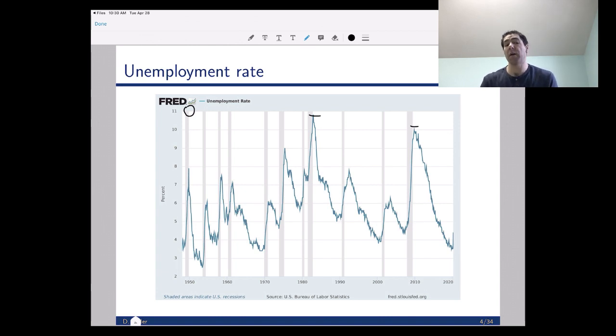Something that's very important, particularly for us: as I've gone through the semesters, these changes in the unemployment rate don't particularly resonate with a group of young students, because the unemployment rate has always been low for your lifetimes. For the past number of years it has been below 5%, and it was most recently 3.5% as of March of 2020.